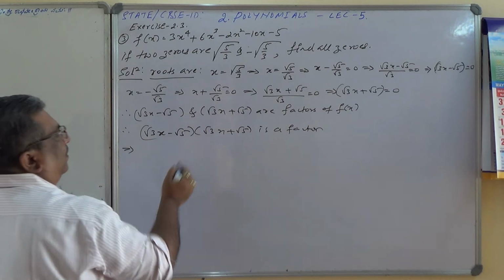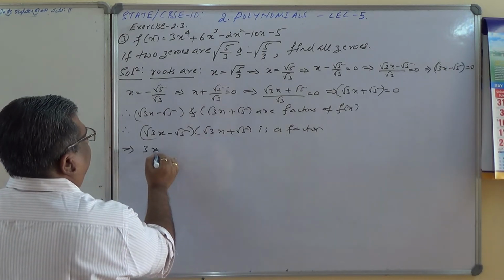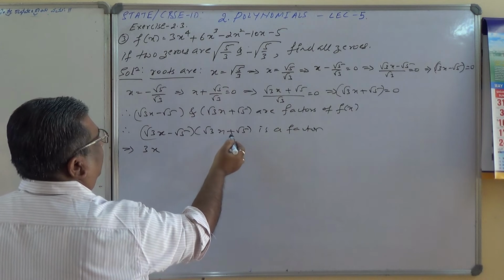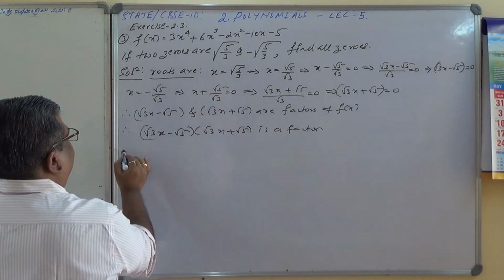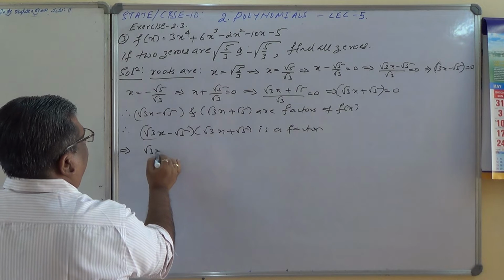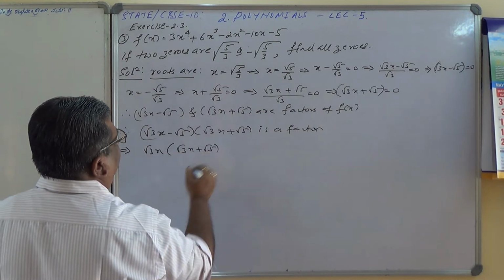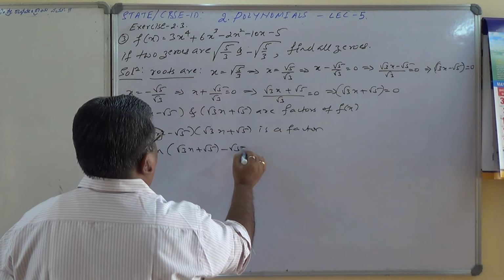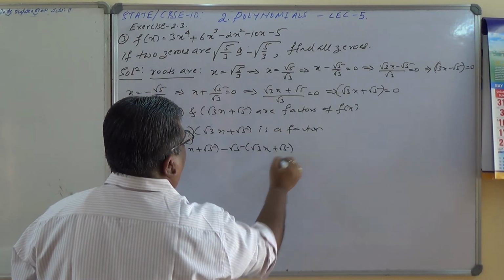Multiply this: root 3x into root 3x plus root 5, minus root 5 into bracket root 3x plus root 5.